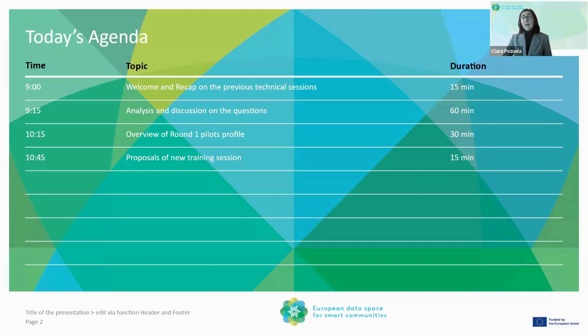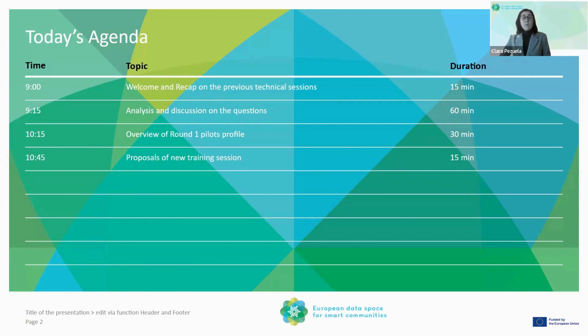And then I will present you some insights that I have observed from the analysis of your pilots' profile, concretely from your data cooperation canvas and from your contract proposal.